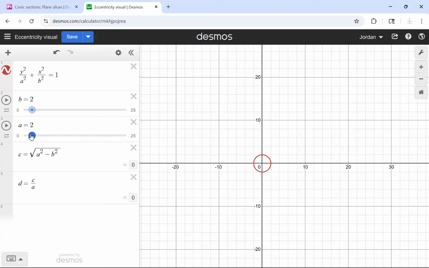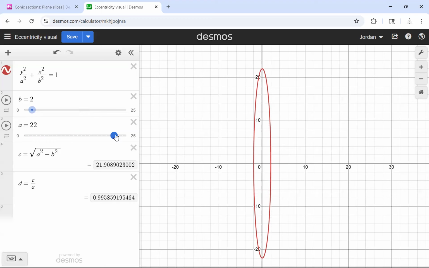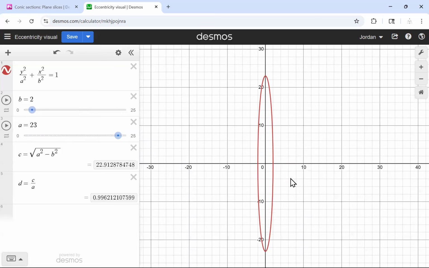But as I start increasing, let's start making A the bigger number, increasing more and more, the eccentricity starts getting closer and closer to 1. It's a more stretched out ellipse. Again, this is an ellipse with eccentricity of 0.996.